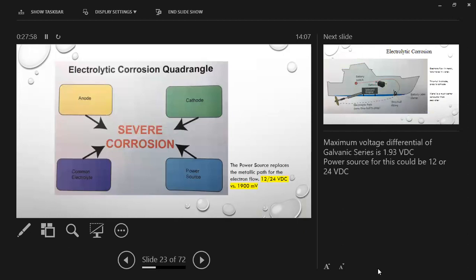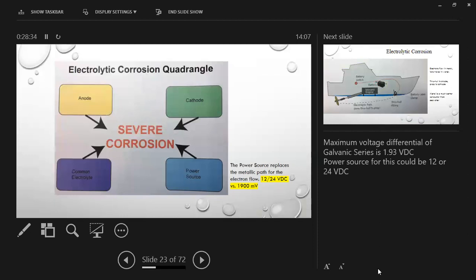Okay, remember the galvanic corrosion quadrangle where you needed the four things? Same thing here. You need an anode, you need a cathode, you've got the common electrolyte, and in addition to the metallic path, you've superimposed a power source. That power source is typically your onboard batteries, 12 or 24 volts.